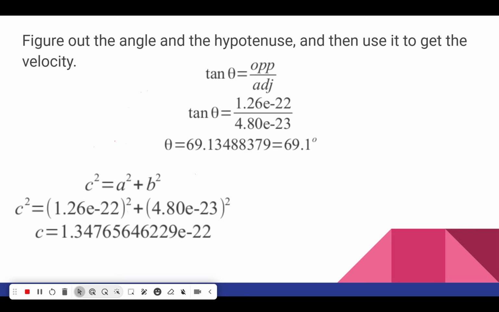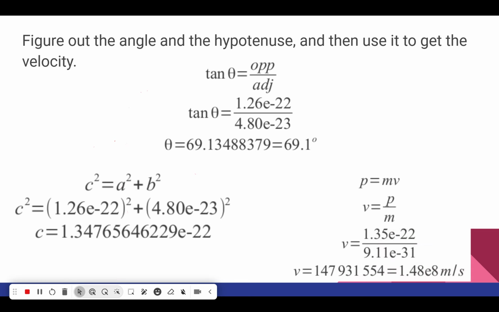I used Pythagoras to put in those two components, and then I took that hypotenuse and I said, well, p equals mv, because the electron is a particle. Solve it for v, put in the momentum, divide by the mass, and you're going to get the velocity of the electron. Actually about half the speed of light. That is insanely fast. But that's what it's going to do after it got hit by that high energy X-ray that has lots and lots of momentum.